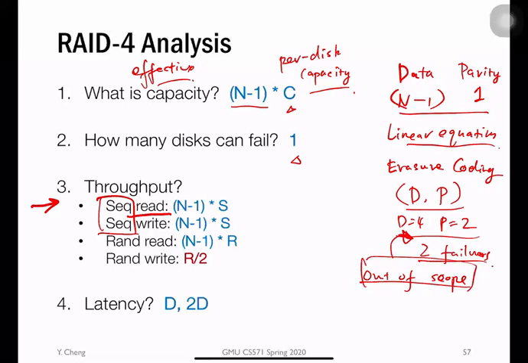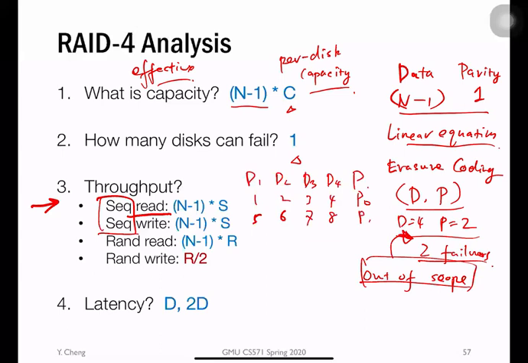But for a sequential write, why is it also n minus 1 times S? It's because here we apply a sequential write optimization. Let's say we have 5 disks, D1, D2, D3, D4, and then the parity disk. So we store 1, 2, 3, 4, P0, and then 5, 6, 7, 8, P1, something like that.